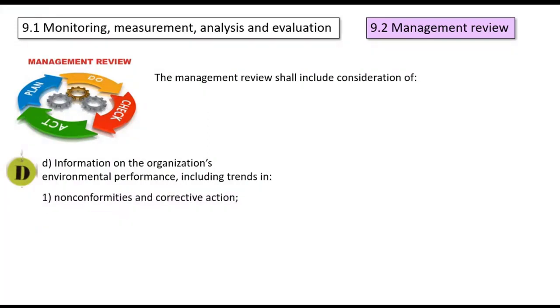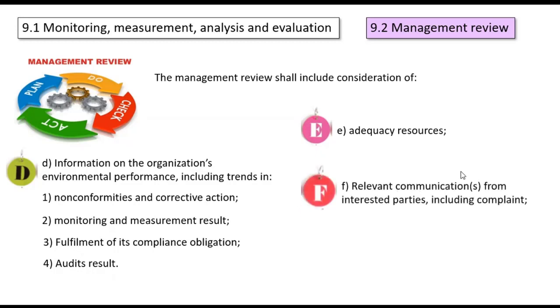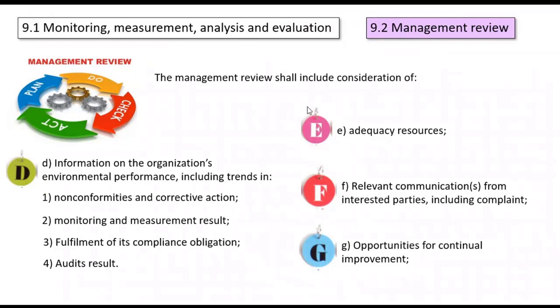The non-conformities, corrective actions, monitoring and measurement results, fulfillment of compliance obligations, and audit results. All of this is actually under clause 9. Then adequacy of resources, relevant communication from interested parties, including complaints, and the last one, opportunities for continual improvement. So all this must be considered during management review.